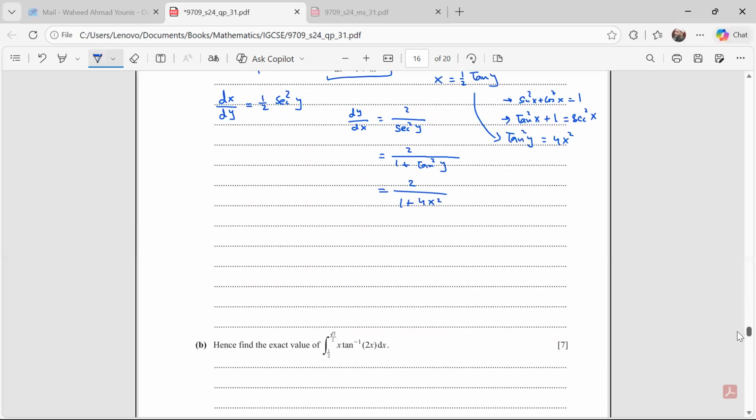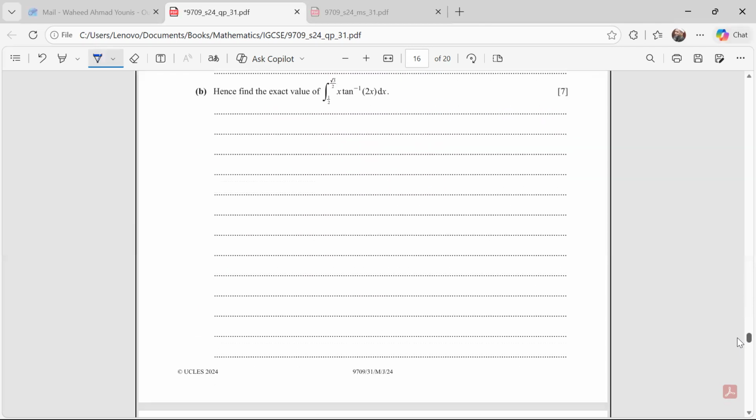Now let's move on to the next part. Hence, find the exact value of this integral. This is a bit involved. I will do integration by parts here. So this will be equal to the first function, tangent inverse 2x, into the integral of the second function.